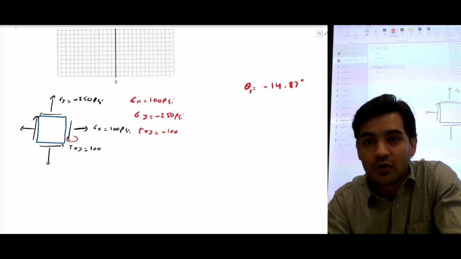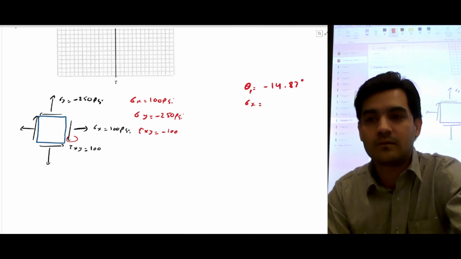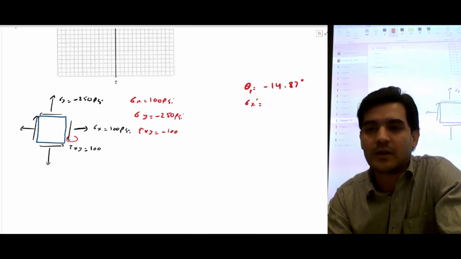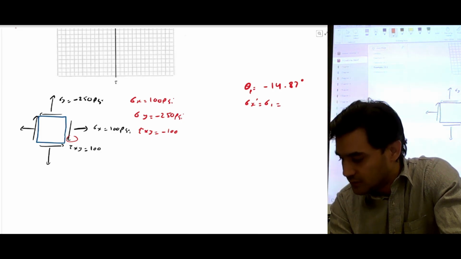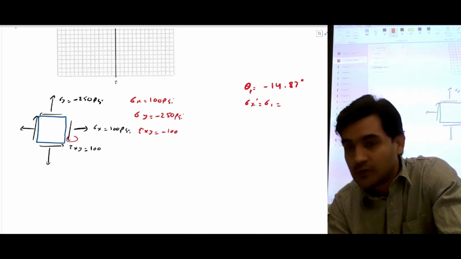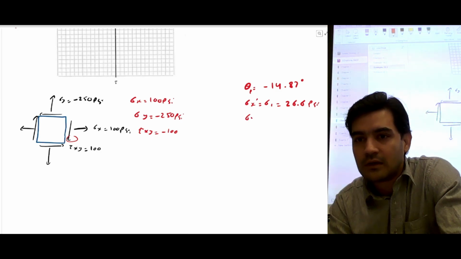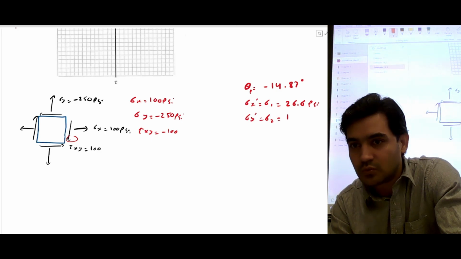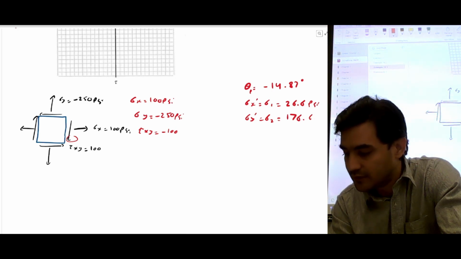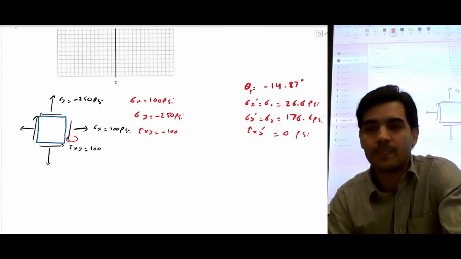The answers we got last time were our maximum stress x prime, or you can also call it stress 1, I think 26.6 psi. And our stress y prime, which is also stress 2, we got was 176.6 psi. And our tau xy we got was 0 psi.